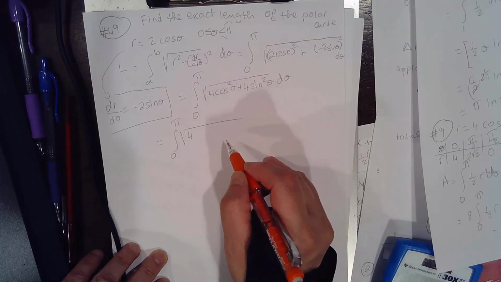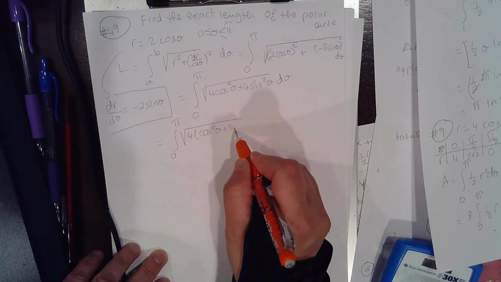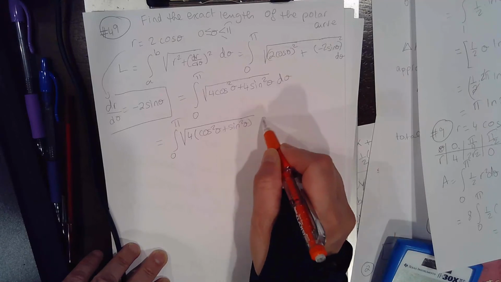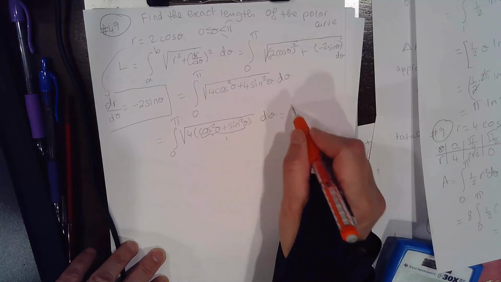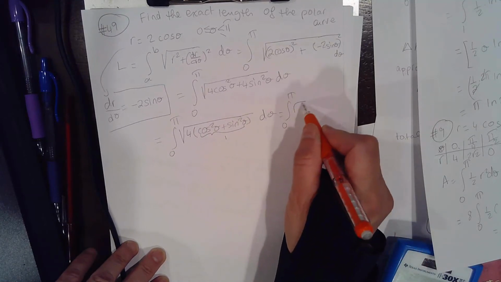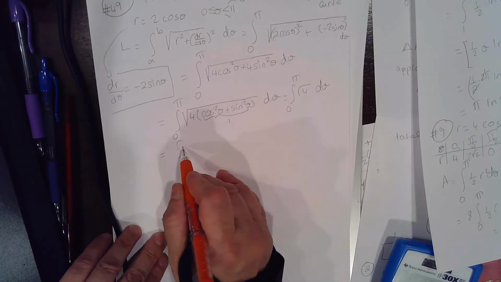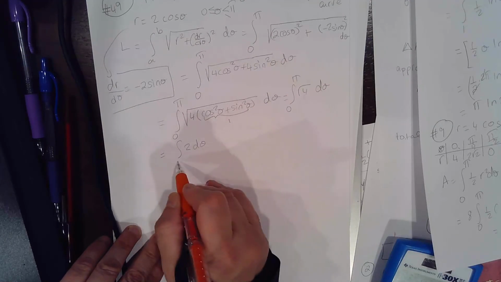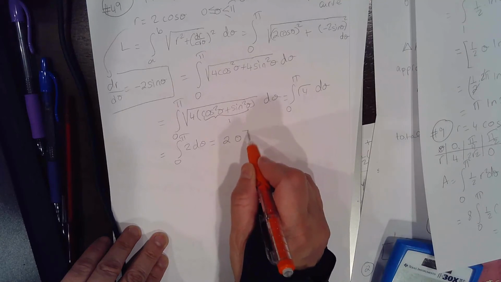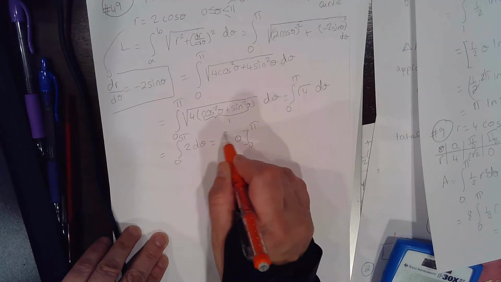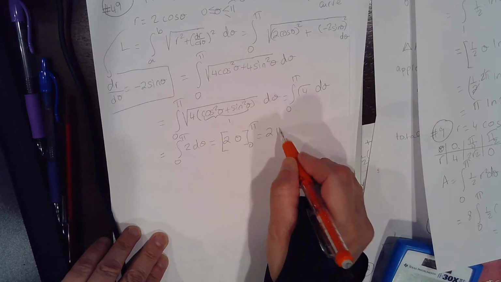What would that give you? cos²θ plus sin²θ, and isn't that 1? So that's the integral from 0 to π of the square root of 4 dθ, which is the integral of 2 dθ from 0 to π, and that is equal to 2θ from 0 to π. So that's 2π, isn't it? π minus 0, 2π.